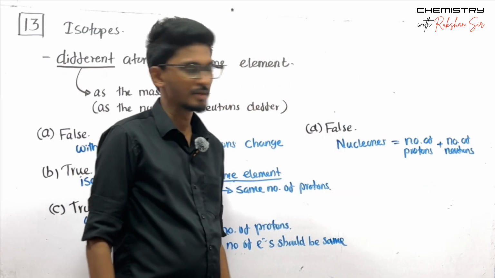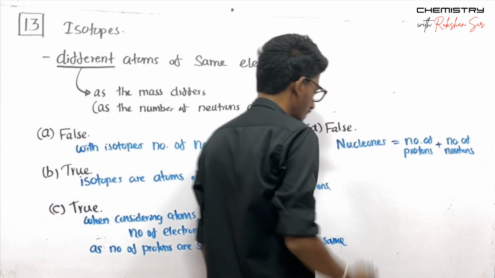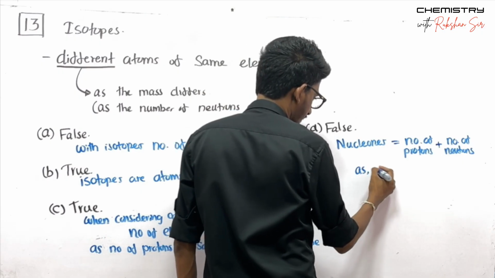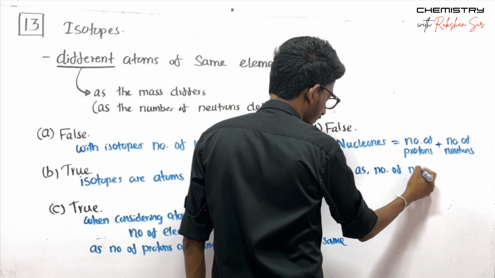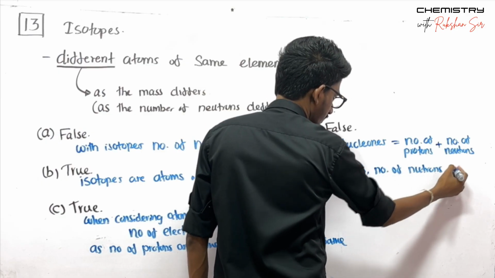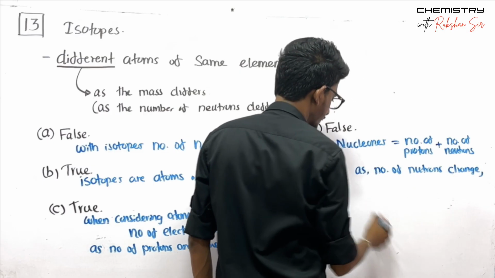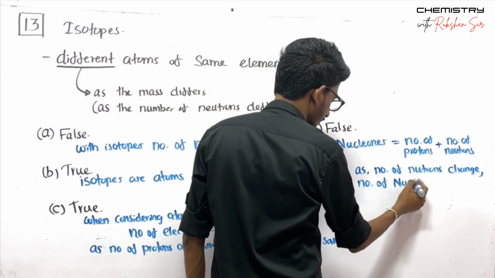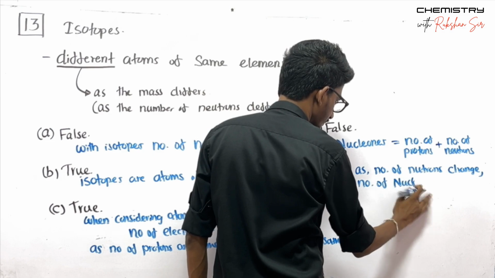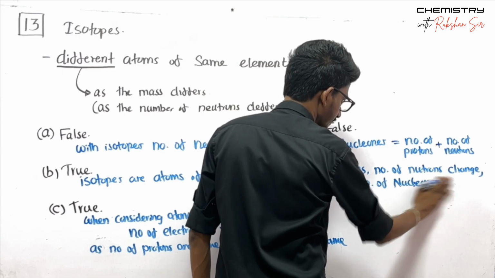As the number of neutrons changes, the number of nucleons also changes.